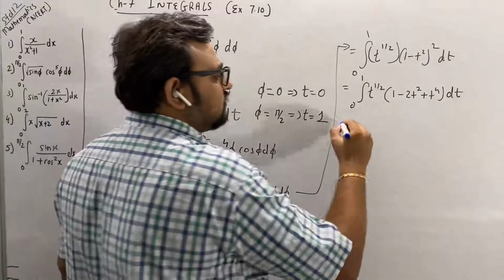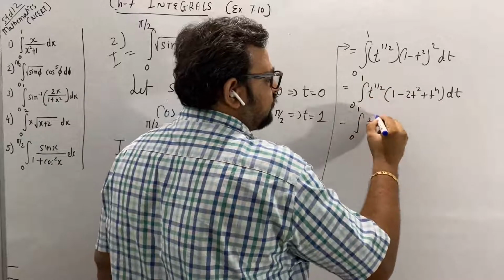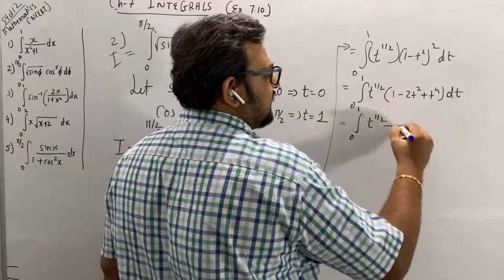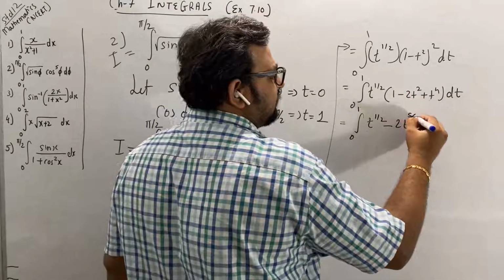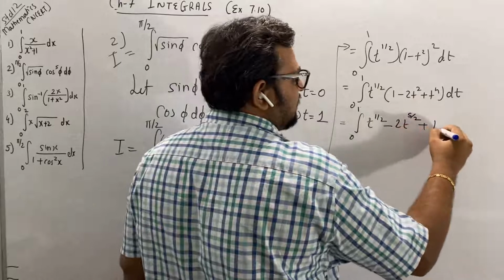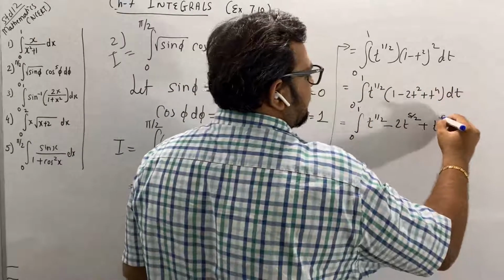So now, 0 to 1, t raised to 1 by 2 into 1, then 1 by 2 minus 2 plus 1 by 2, that is t raised to 5 by 2, plus t raised to 4 plus 1 by 2, that is t raised to 9 by 2.